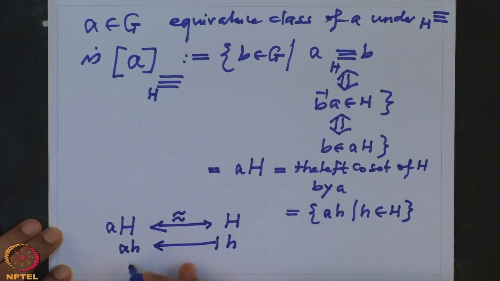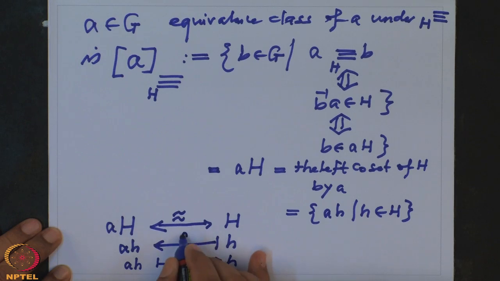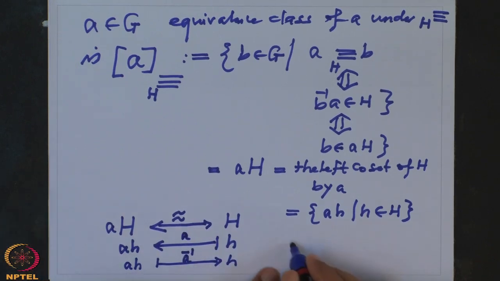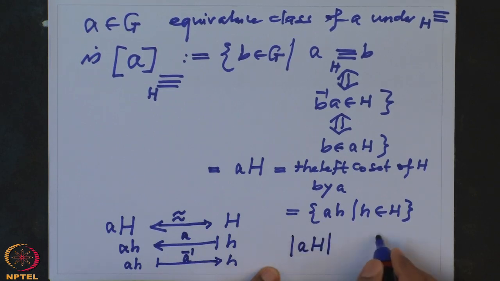So, the inverse takes any element AH here and multiplies by A inverse, so you will get h. So, this is multiplied by A inverse, this is multiplied by A. Therefore, they are inverses. So, in particular the cardinality of the left coset and the cardinality of the subgroup are the same.